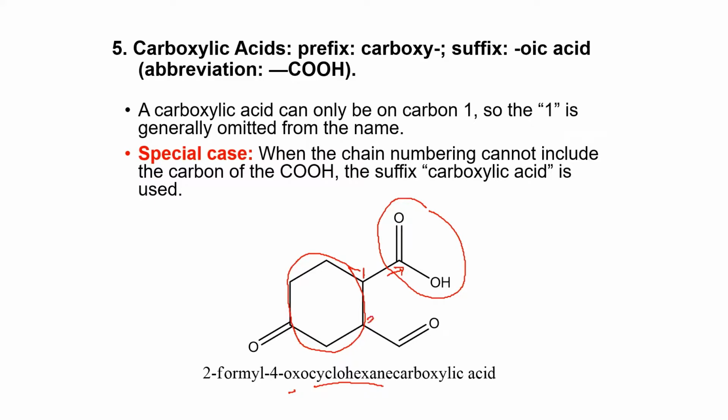Therefore, this would be number 2. Number 2 has 1 carbonyl group, and carbon number 4 has another one. So what we're going to write is 2-formyl-4-oxocyclohexane carboxylic acid, because the carboxylic acid is not in the longest chain.